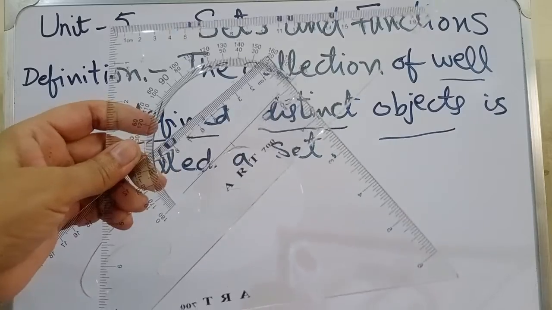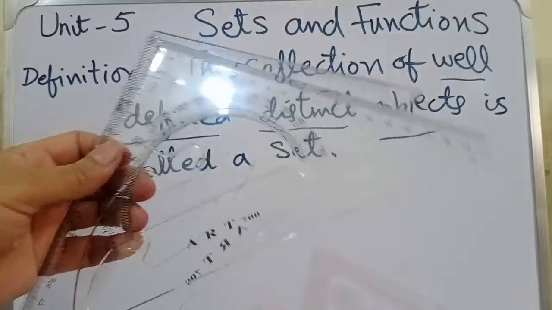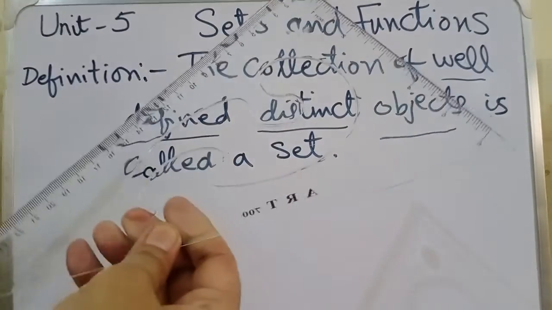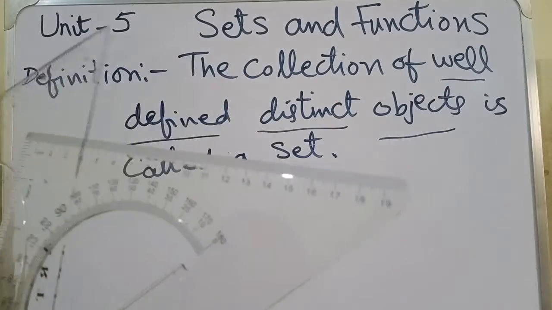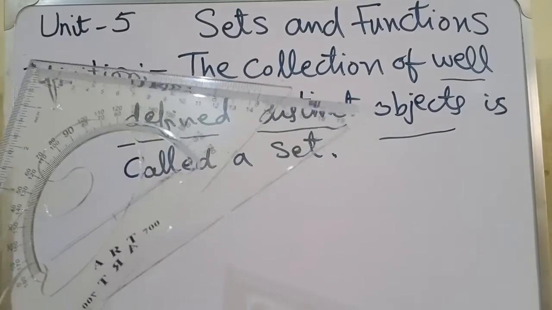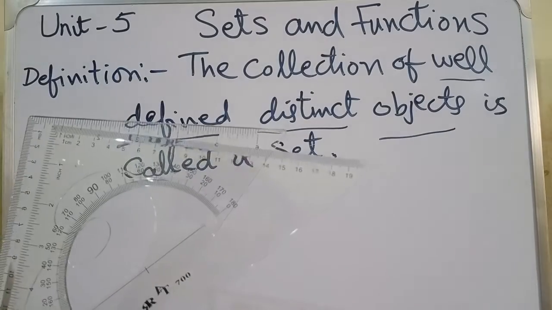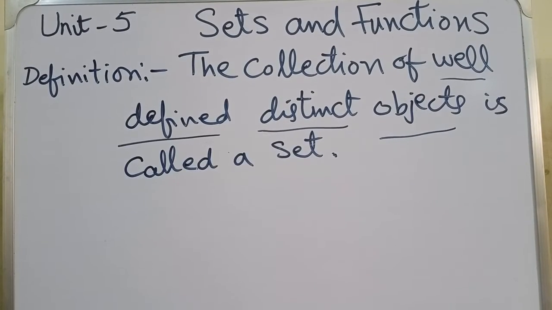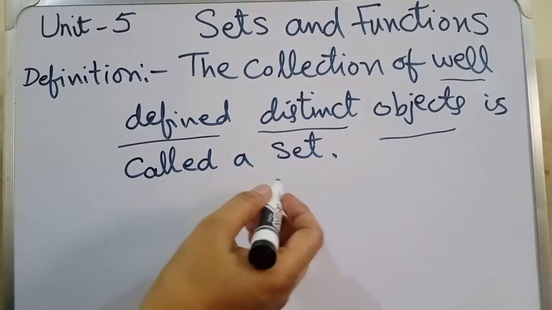We use these individually. We call it a set square. These are triangles used in geometry and it is a set. These are distinct and well defined. By these examples, we can easily observe that the collection of well defined distinct objects is called a set.